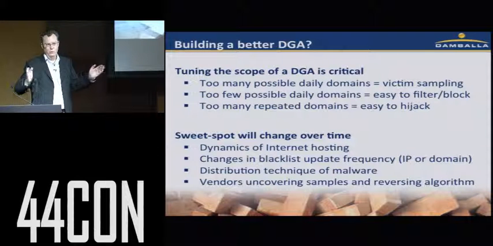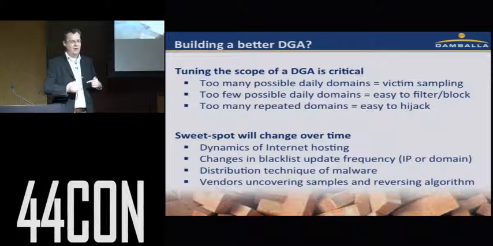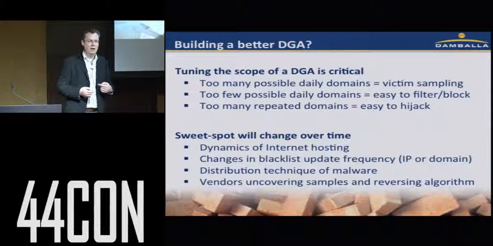If that space in potential domain names is too small, then the probability that I'm going to be blocked and filtered is much higher. And if I recycle my domains so there's not enough entropy in my algorithm, then I will have collisions, and it'll be easy for good guys to detect which particular domain names should be blocked and have a high success rate.